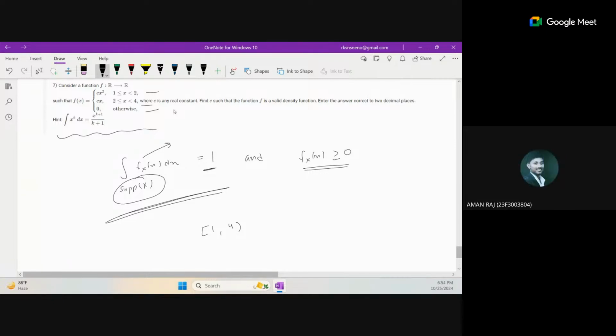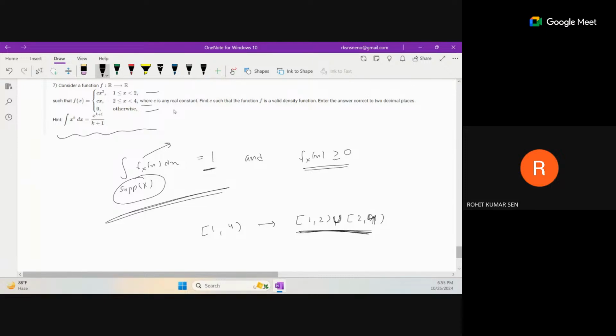The equations are different, so you write it as 1 to 2 and 2 to 4. This is my support. This is a union: this region plus this region.